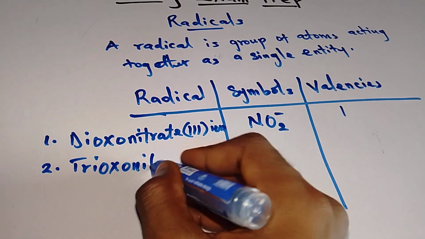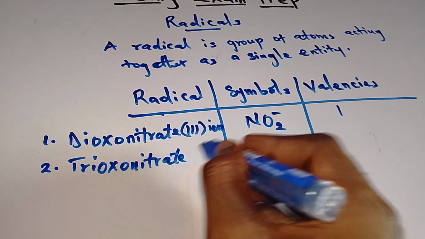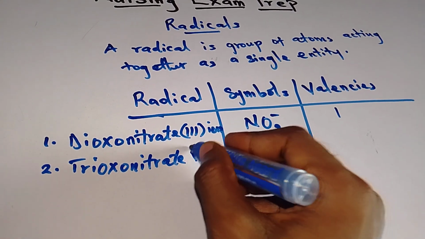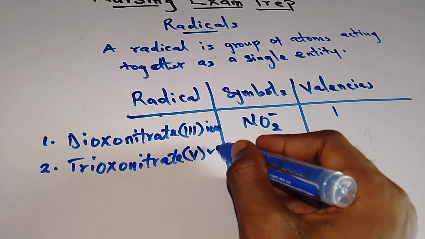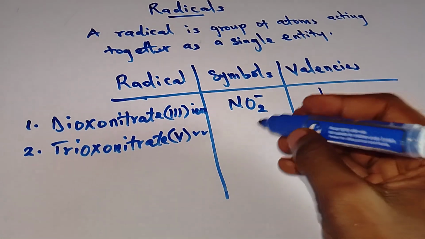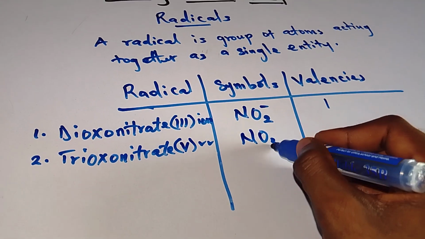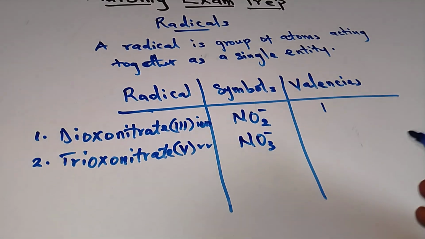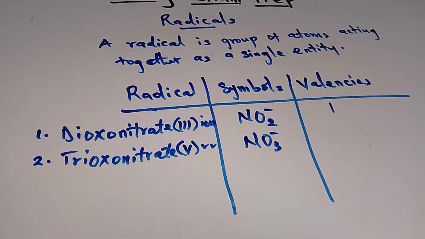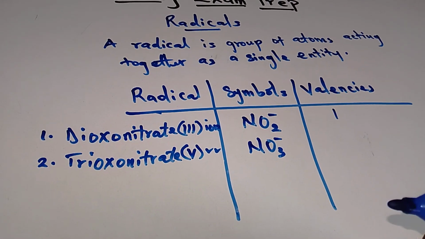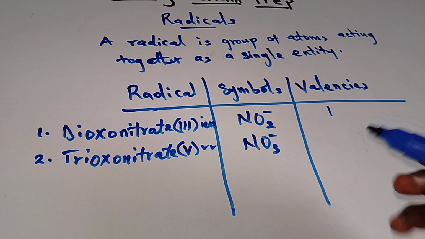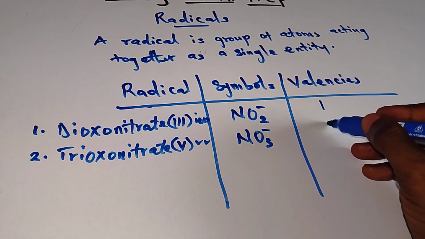The symbol for this radical is NO3, it has a negative charge, and the valency is 1.